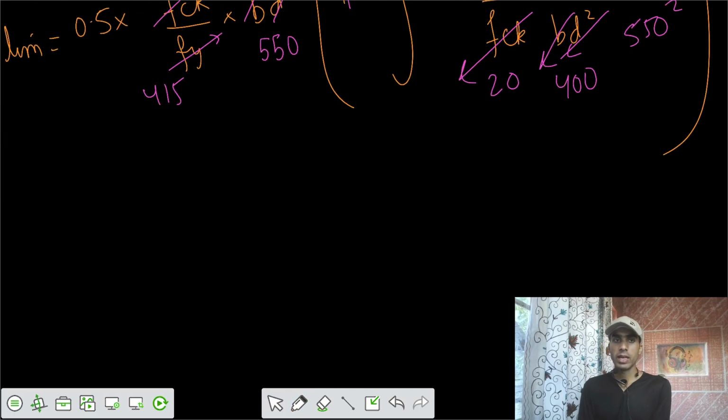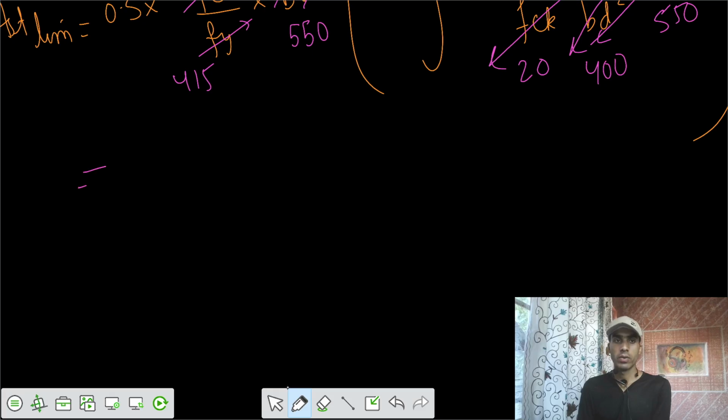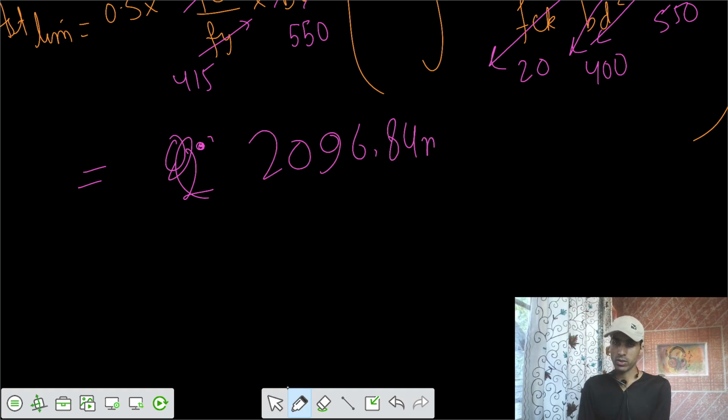You would solve it in the calculator and get AST limiting equals 2096.84 square millimeters.